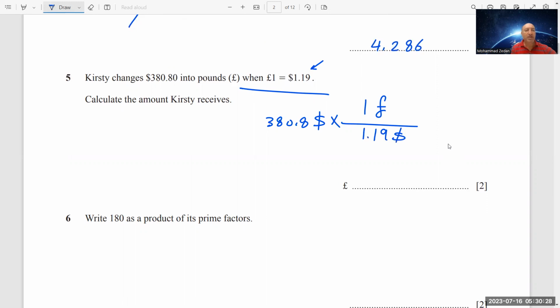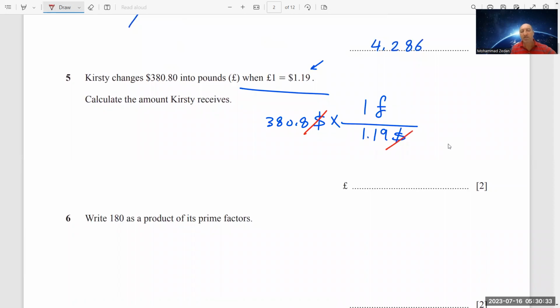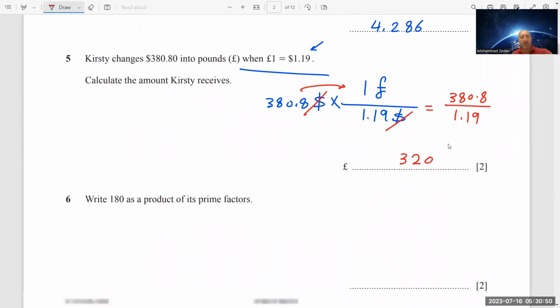So you can cancel dollar and dollar now, as you see here. So 380.8 times 1, 380.8, will be divided by 1.19. Answer is 320 pounds.